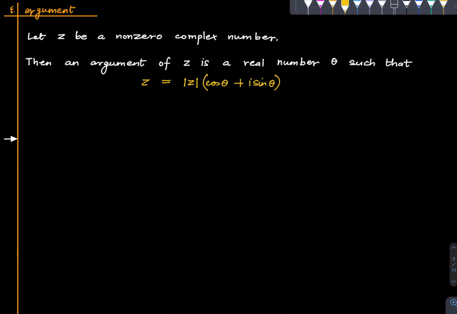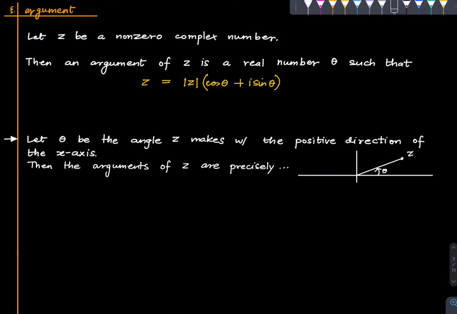It's a very simple definition. Basically, the idea is: what are the angles that you can use to form the complex number z? And when we say an argument, we mean it is not necessarily unique. And let me characterize exactly what are the angles that work. So the next point is about that.